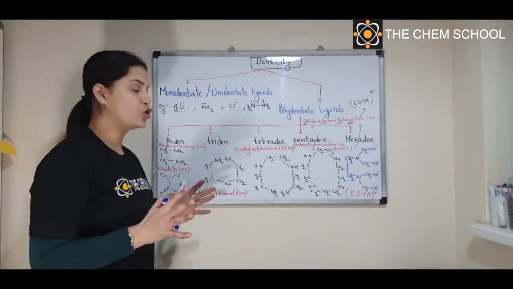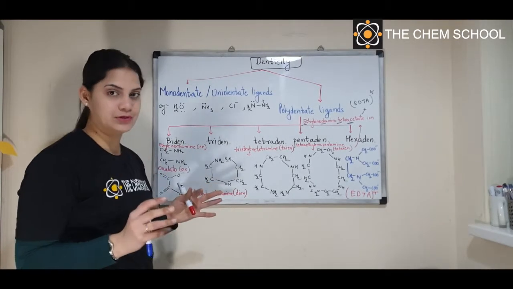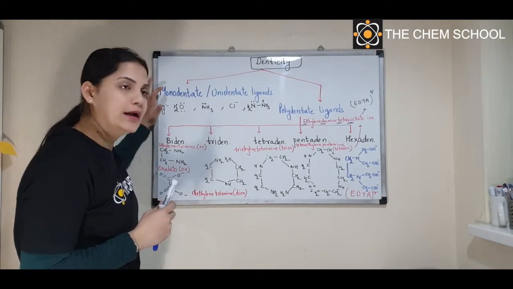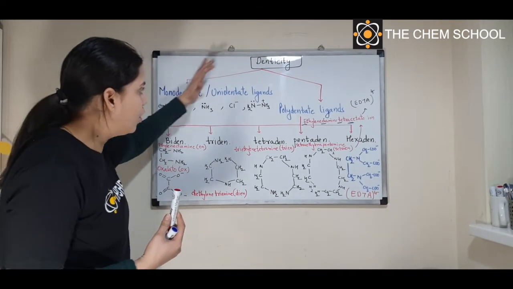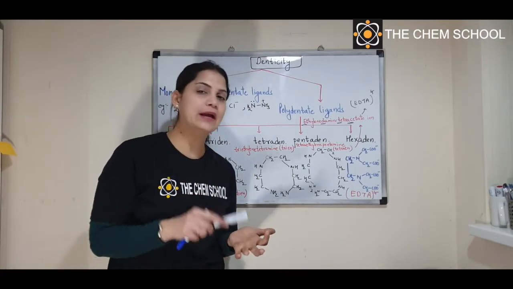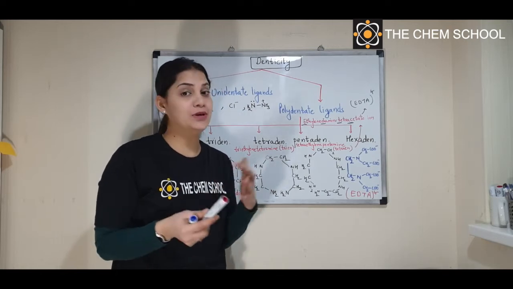So now let's talk about the monodentate and polydentate ligands classification with examples. Again I repeat, the examples are what to focus on. In monodentate ligands, remember that when you're talking about all these ligands, they can be either neutral, cationic, or anionic. So you can say that is going to be a subtype.